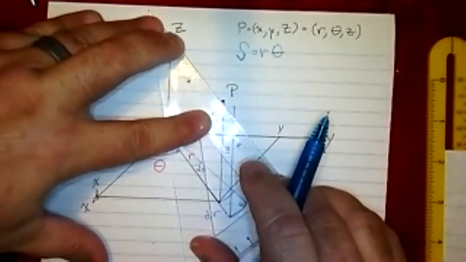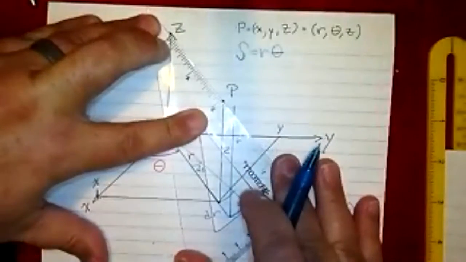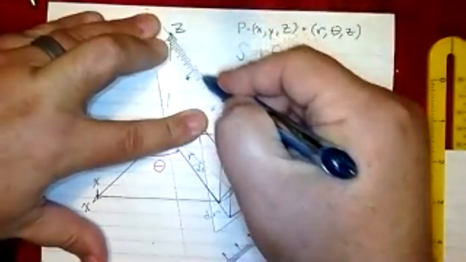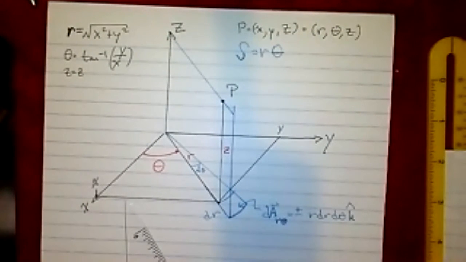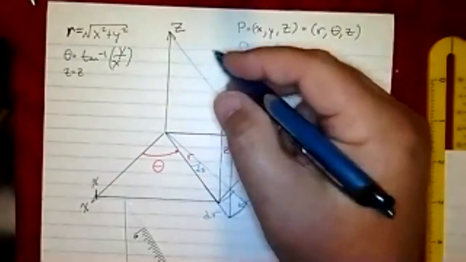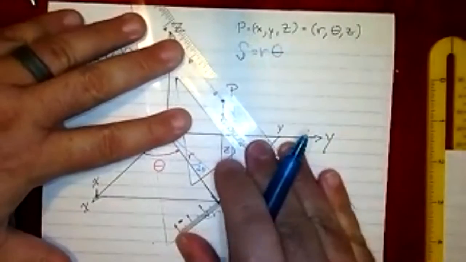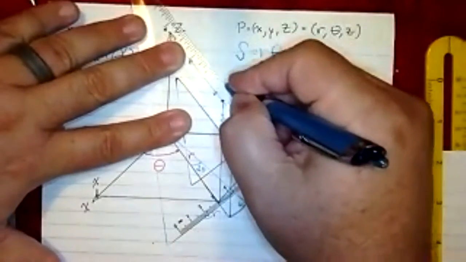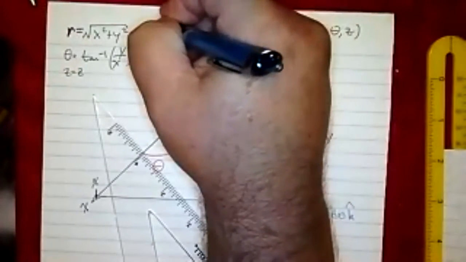So now I take this parallel to here, and see that this could be, for instance, z, and then of course dz would be a little bit higher than that. So I go a little bit higher than that. So this amount way up here would be dz.